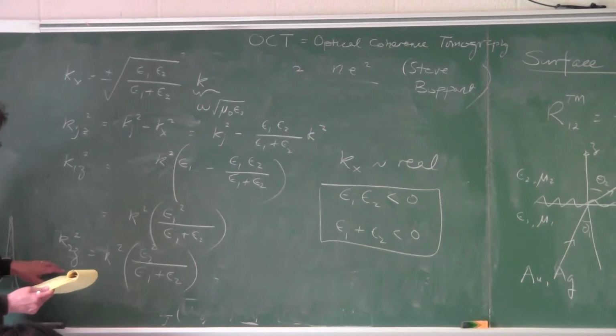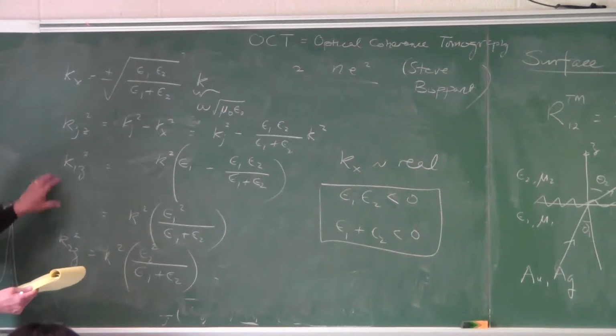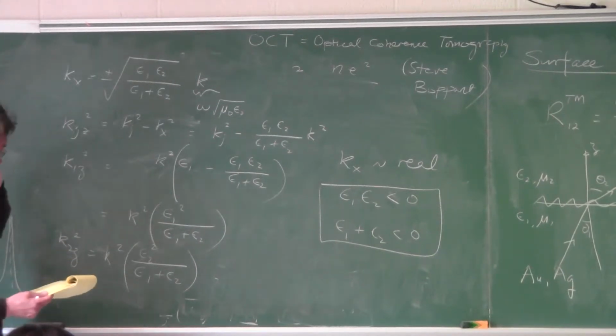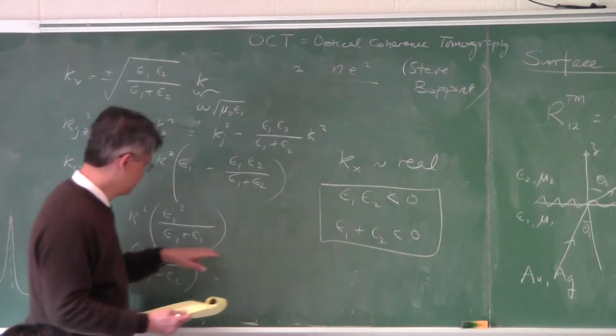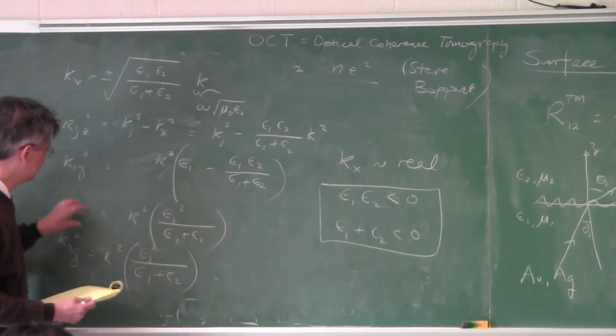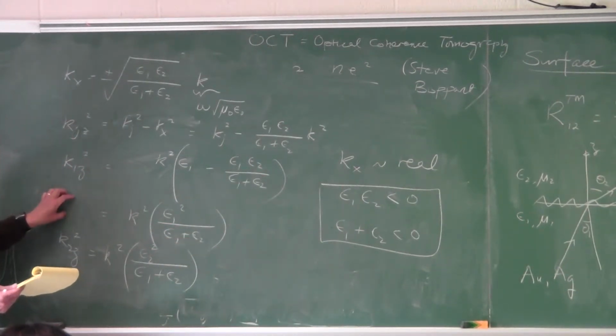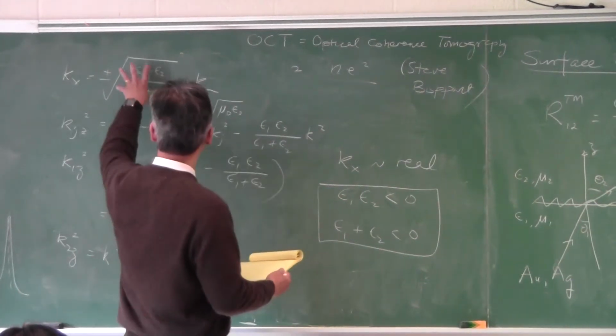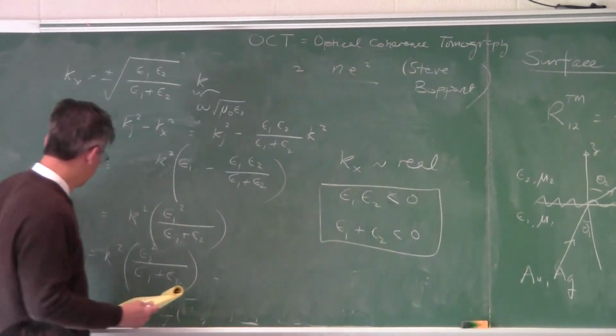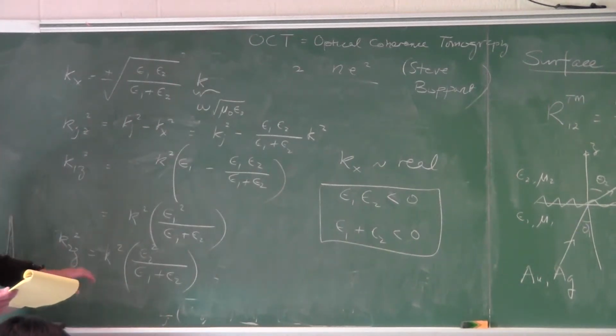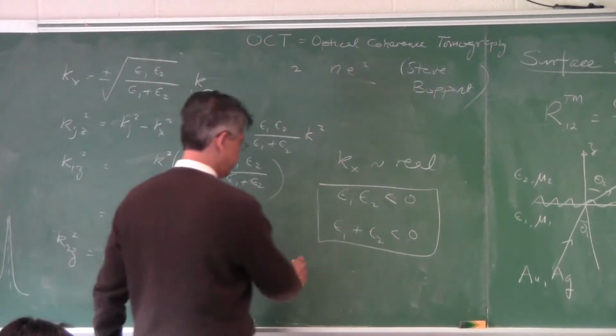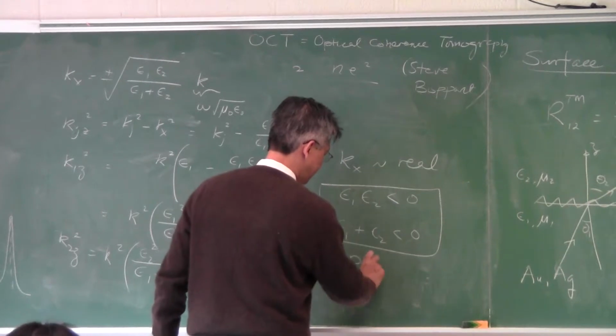If this is negative, then k2z is pure imaginary, and you will have evanescent modes. And if this is true, then the denominator is negative, and k1z will also be an evanescent wave. Okay, so this gives rise to real kx and then imaginary k1z and k2z. This implies the presence of an SPP.